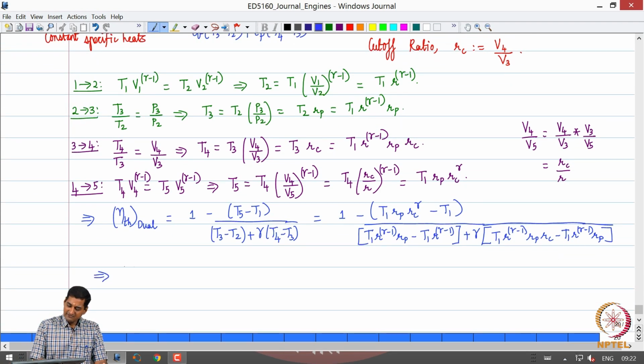If we simplify, we can immediately see that T1 can be cancelled in the numerator and denominator.